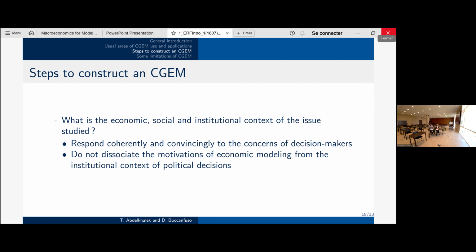So we continue now. What is the economic, social and institutional context of the issue? The third question we have to ask is what is the level of disaggregation we can have? Have I to answer the social impact?